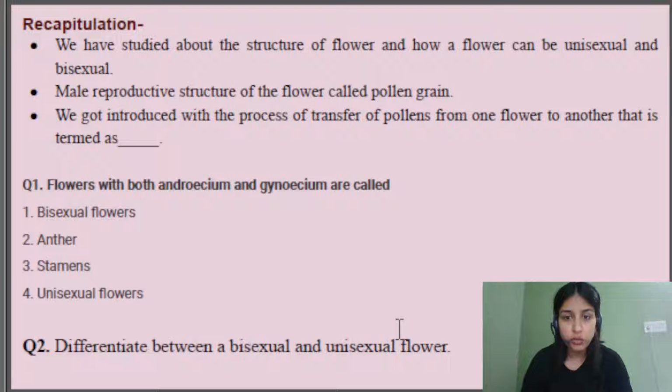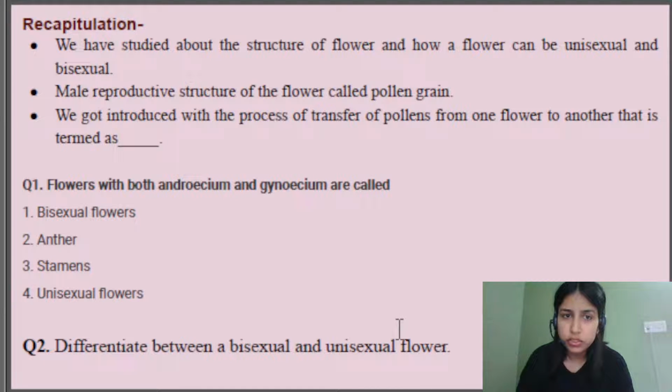So we'll do a quick recap. We have studied the structure of a flower and how a flower can be unisexual and bisexual in nature. A unisexual flower will have only a single sexual structure in it, either male or female, and a bisexual flower will have both sexual structures in it, that is the male sexual organ and the female sexual organ, the stamens and pistil. The male reproductive structure of the flower is the pollen grain, and we have discussed the structure of that pollen grain as well.